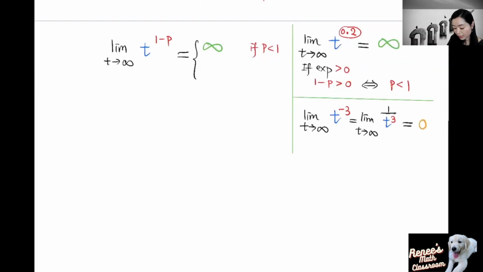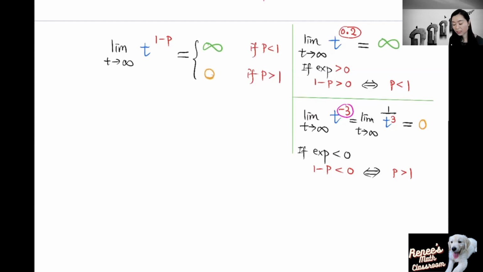So it actually depends on this exponent, right? If this exponent is less than 0, which means 1 minus p is less than 0, then when t goes to infinity, this limit is going to go to 0. But 1 minus p less than 0 is equivalent to p greater than 1. So if p is greater than 1, then this limit will be equal to 0.